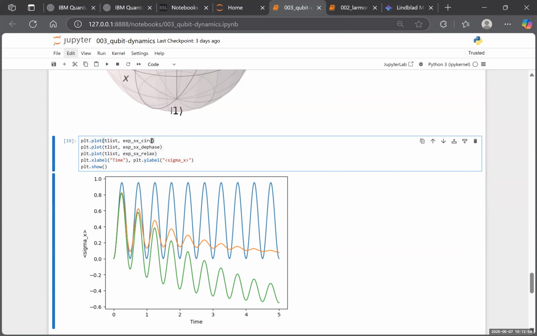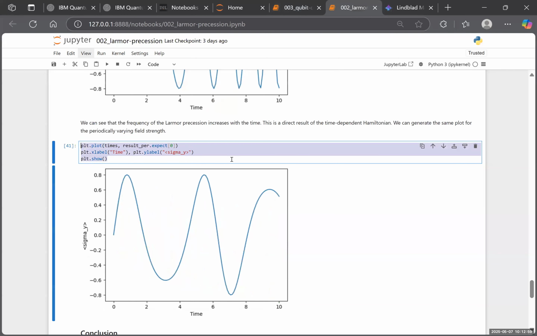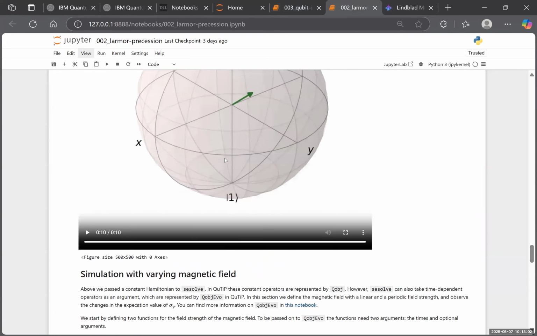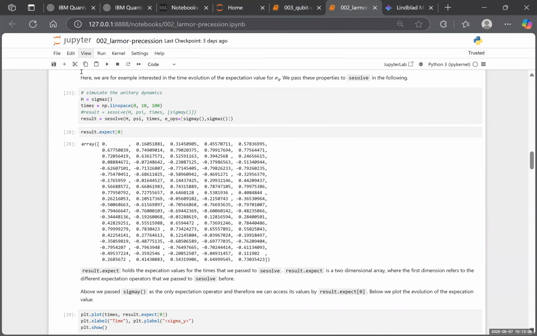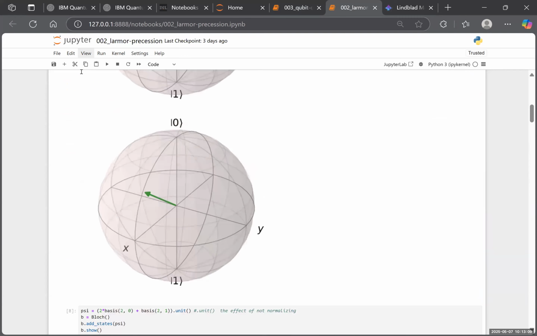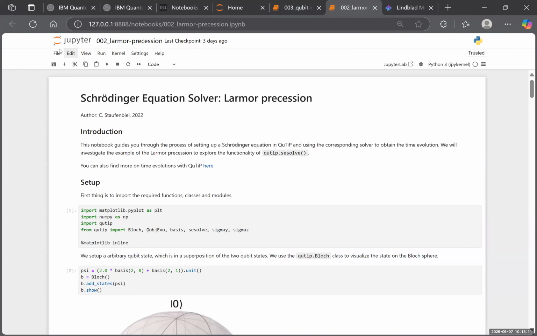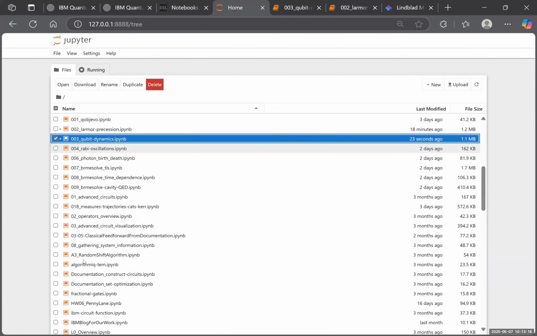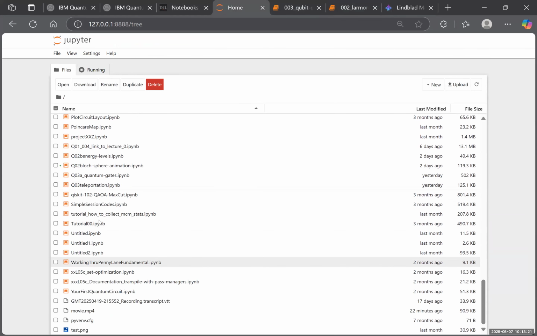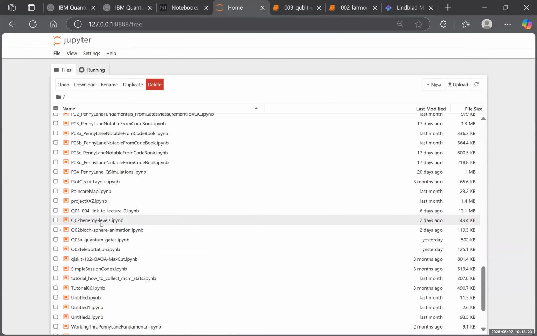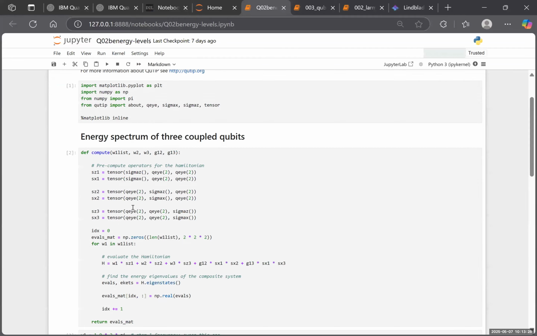How do we put a label? Let's see. You don't put labels. Let's see what we had previously. This probably does not have a label.